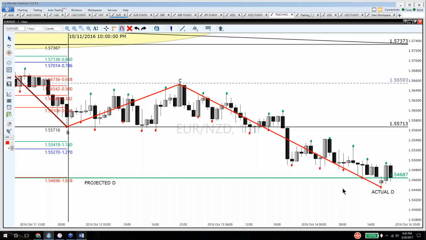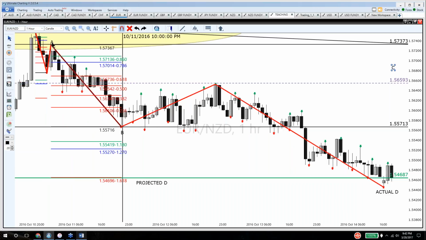So now that the actual D has been fulfilled, what happens? Absolutely correct. C becomes A, D becomes B. And I've got myself a brand new Fibonacci here.